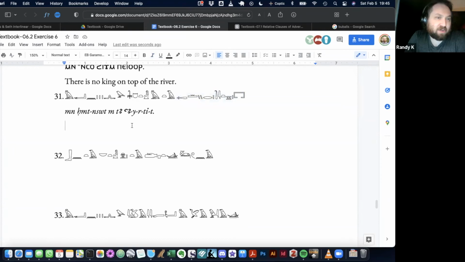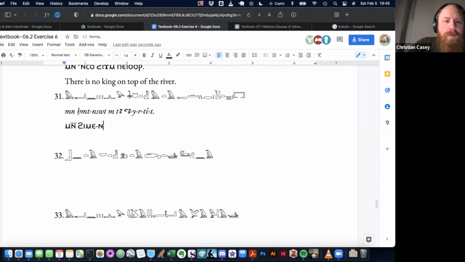And the Coptic would be Min. Is it the same order, would it just be Hime and Saw? I had a question on Discord earlier about whether this would be Hemet Install or Hime Install.